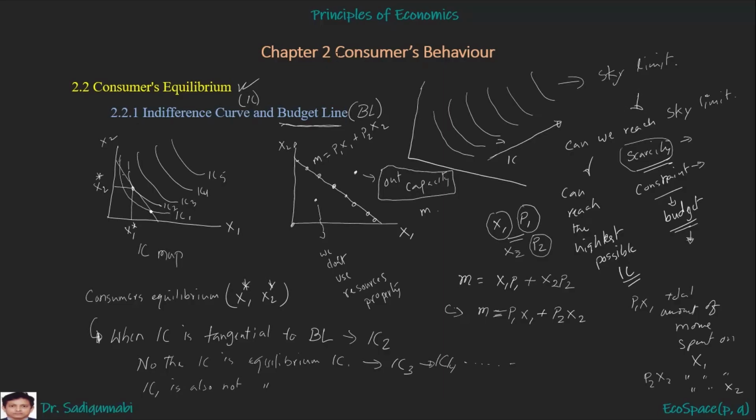It is actually crossing the budget line at point B and point C. It is not tangential. Point A is tangential.